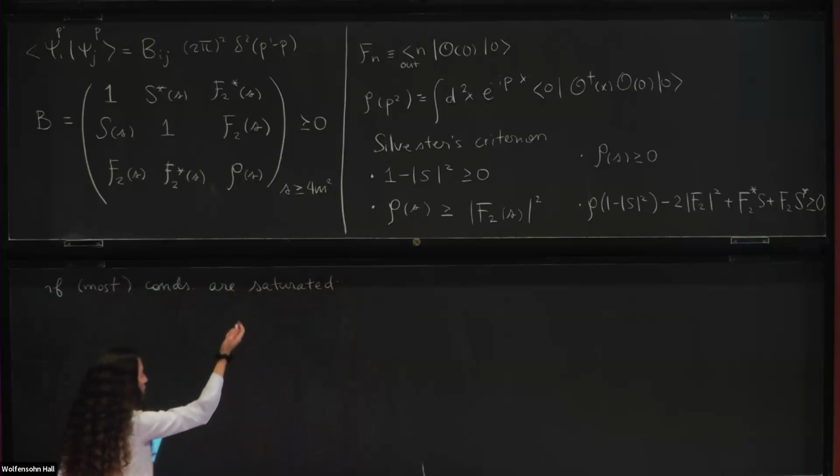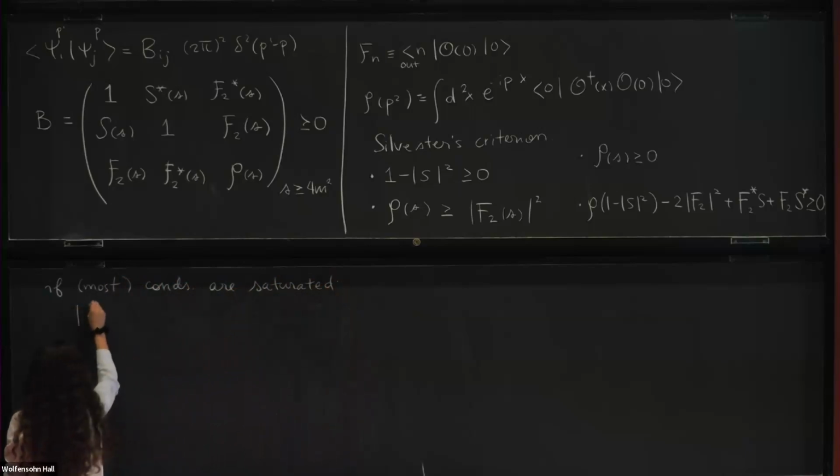for the first one, we get unitarity saturation. I remind you that this S is actually the 2 to 2 S matrix element.